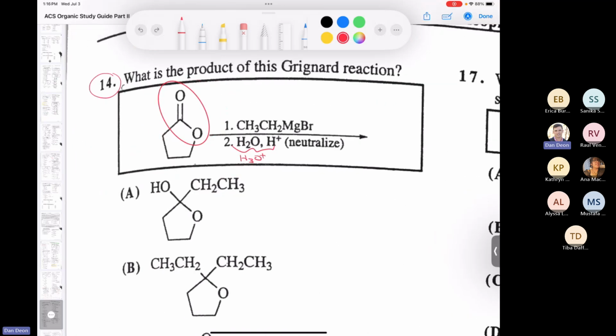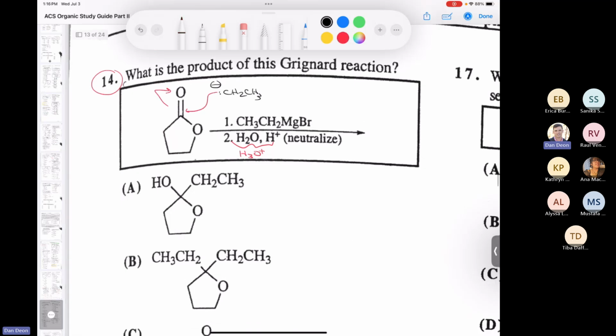He's totally right, okay? So hopefully you remember that when you add your Grignard to an ester, it actually adds twice. So in the first step, if I just draw the ethyl carbanion like this, it's going to add. So you're going to have something like this.